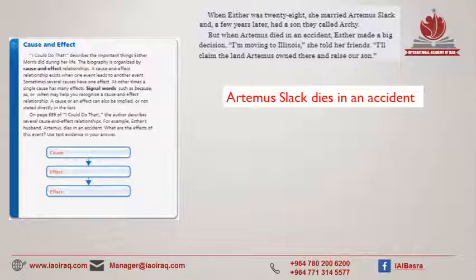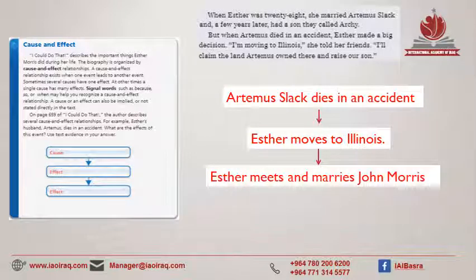Now, guys, it's pretty simple, pretty easy to understand. There's so many effects that happen because of this. I mean, for one, Esther moves to Illinois, so that is an effect. What else is an effect of Artemis Slack dies in an accident? Esther meets and marries John Morris. Both of these things wouldn't potentially happen. Okay, maybe moving to Illinois would have happened if Artemis was alive, but probably not though.